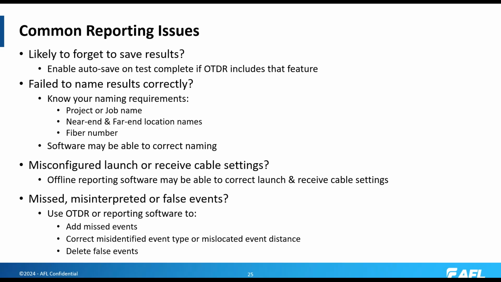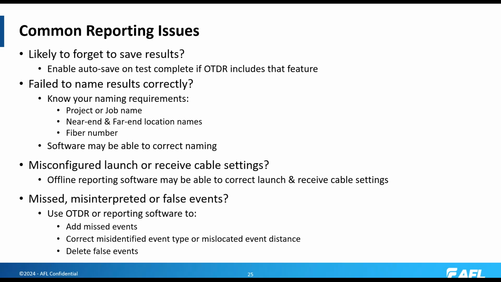Know your naming requirements so that you don't name your results incorrectly. In FlexScan OTDRs, you can name a project or a job. You can name the near end and the far end location names. You can provide a different name for the cable itself, and a starting fiber number.